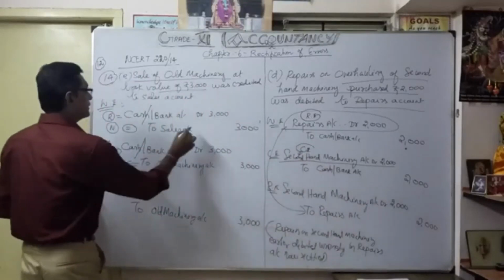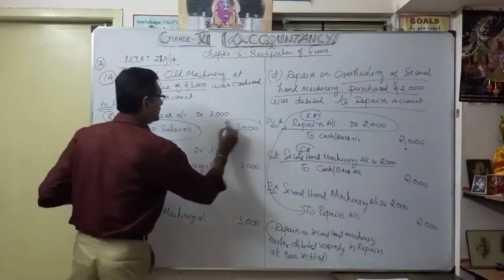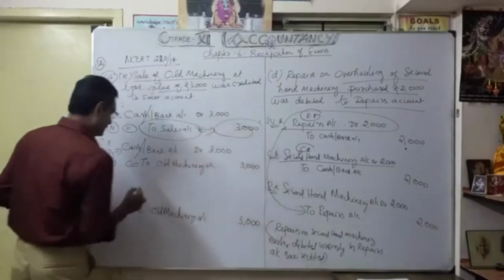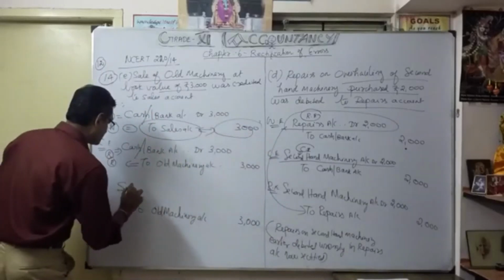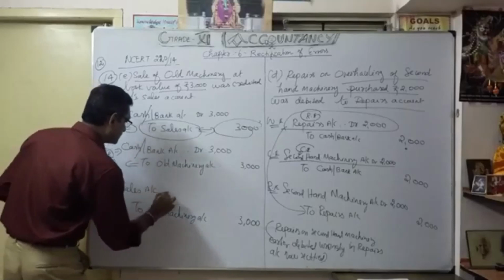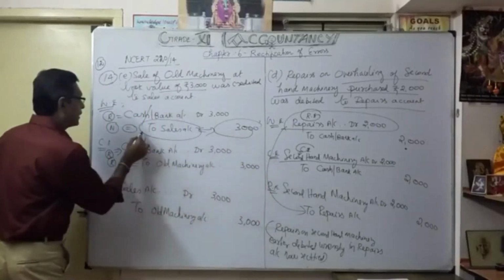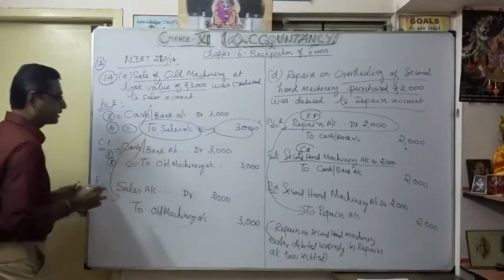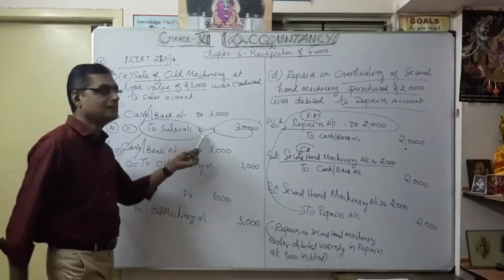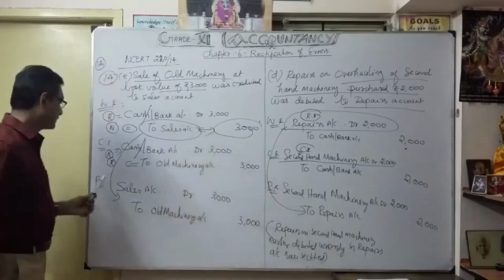So what should be debited? Earlier we did a credit, isn't it? So earlier we credited. I am going to debit sales account 3,000. Then only the earlier credit part, wrongly considered as sales, is corrected. Now I am going to debit to make a rectification entry.